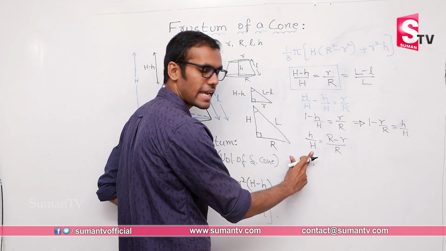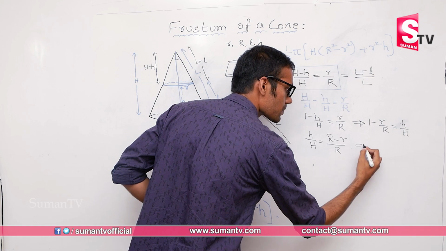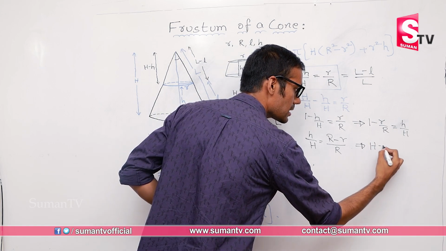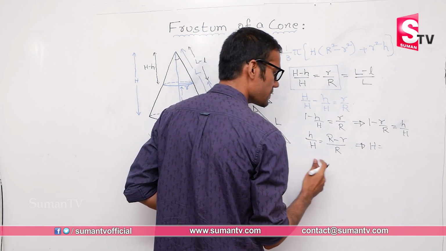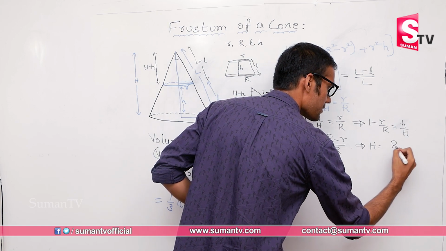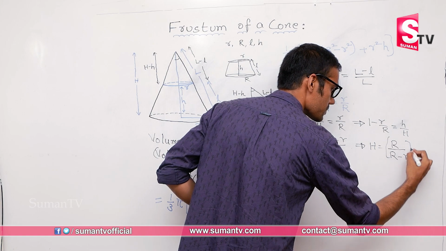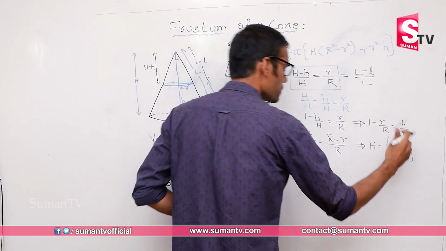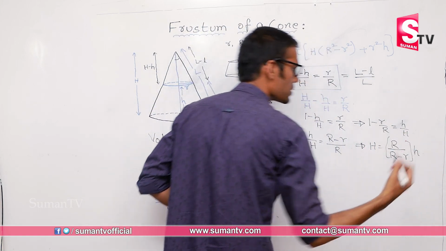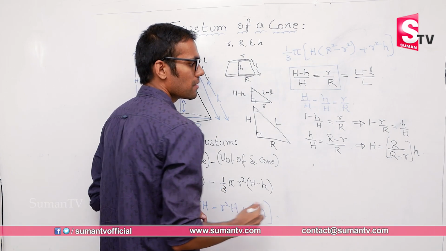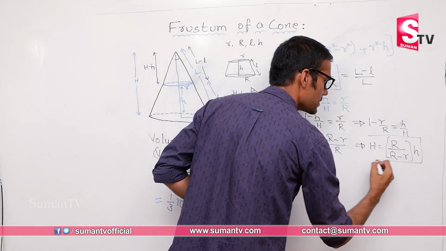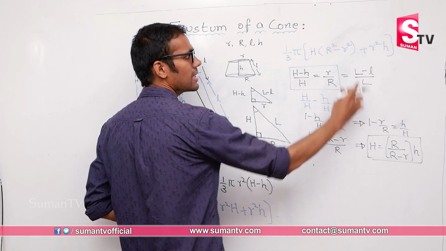But we want the value of capital H. So what is capital H now? If I take the reciprocal of this, capital R divided by capital R minus small r into small h. So this is what I get, which is an important condition to substitute in this equation.